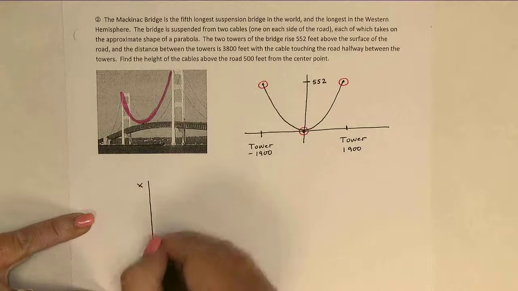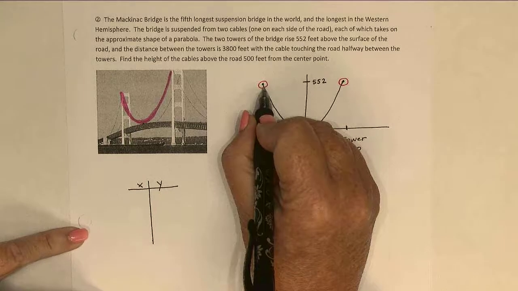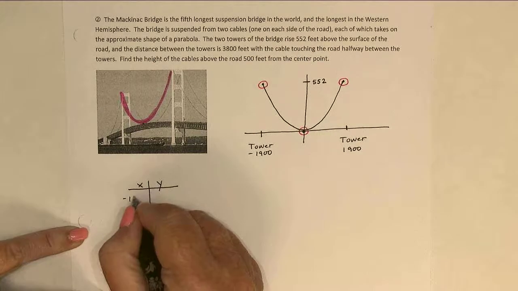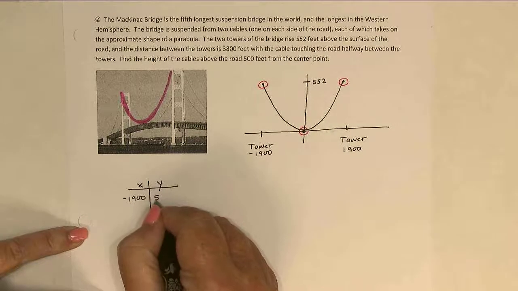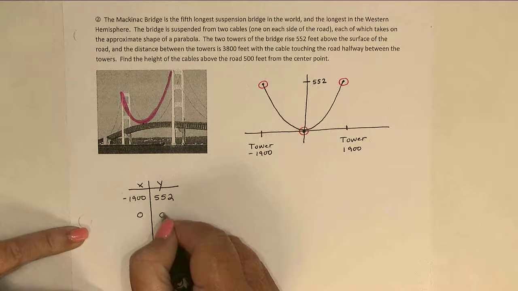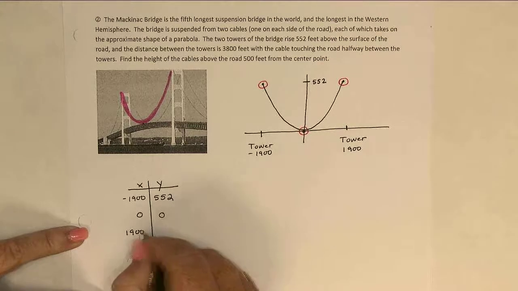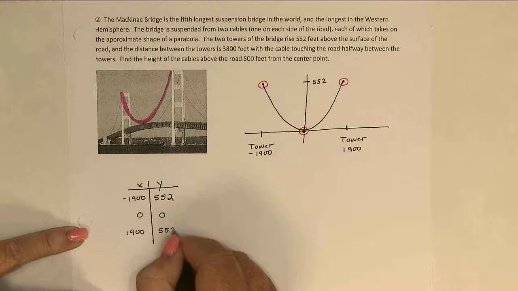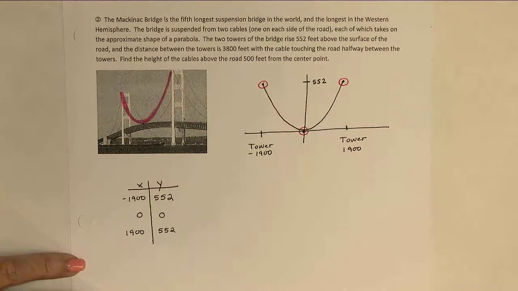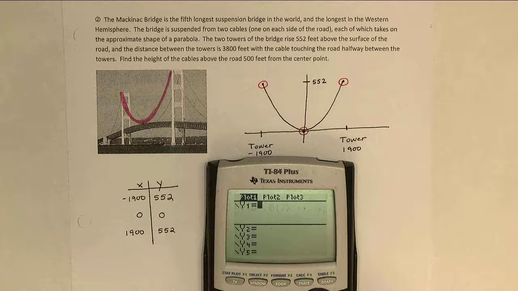Just to clarify what I'm going to be putting into the calculator, I have this first point, negative 1,900, 552. I have my vertex, 0, 0. And then I have this point over here, 1,900, 552. Let's see.